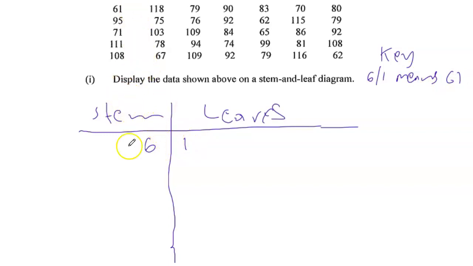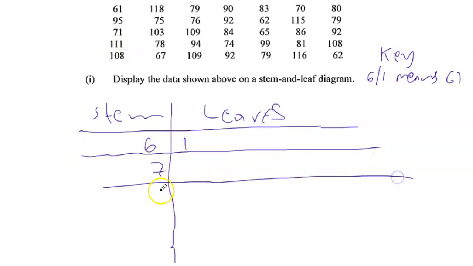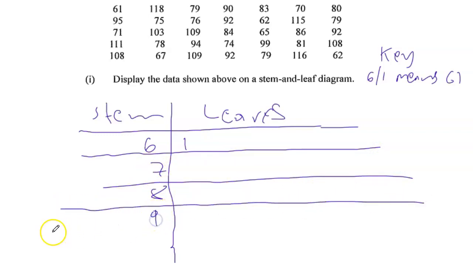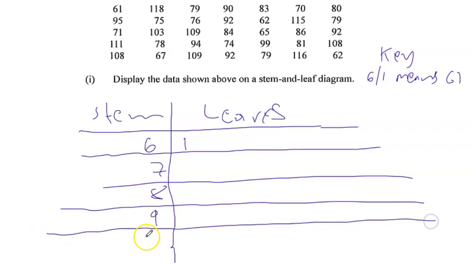Let me go column by column, and it seems the largest number here is 111. So the stems are 6, 7, 8, 9, 10.